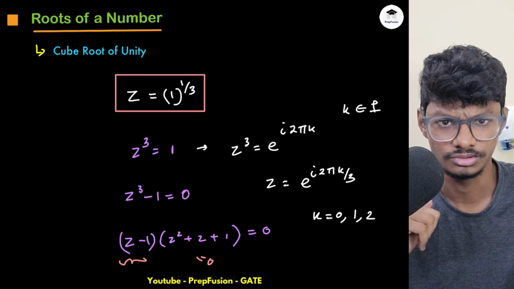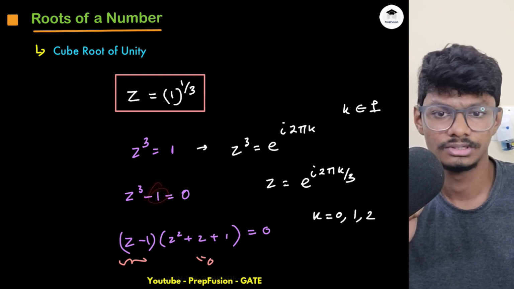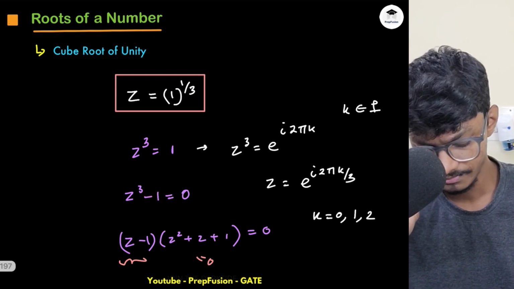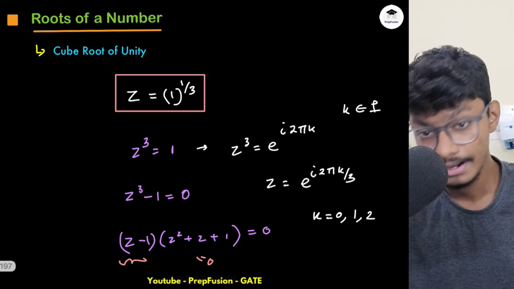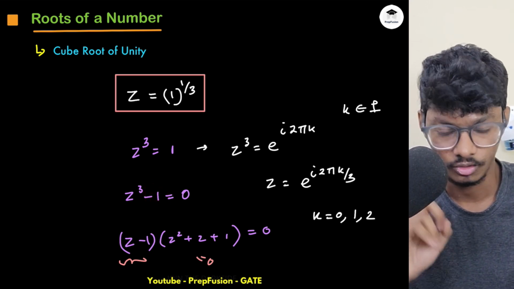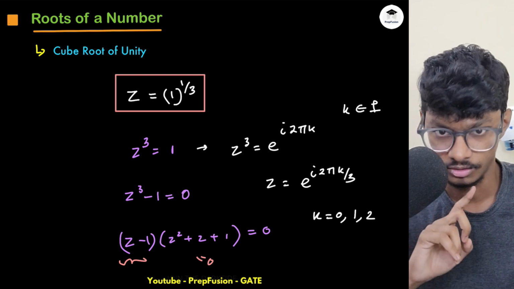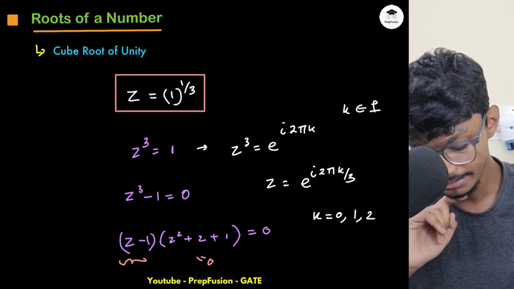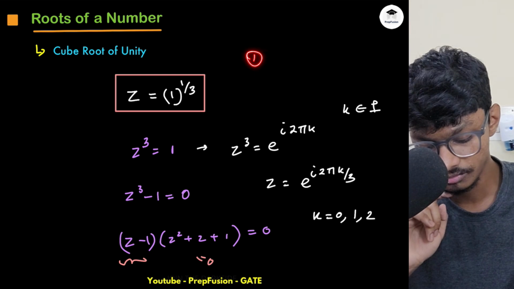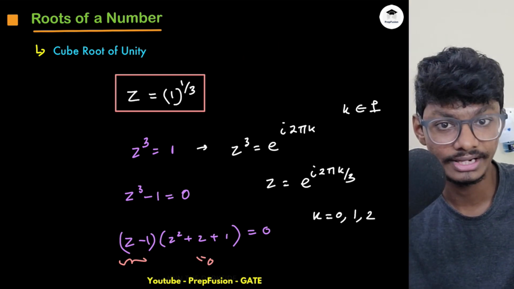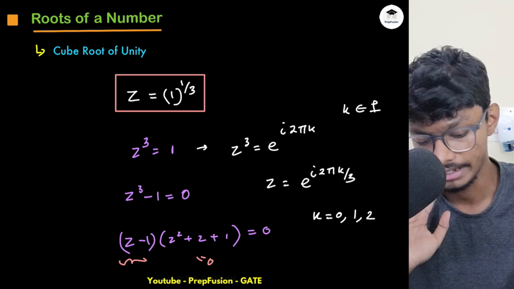In a cubic equation also, the constant term represents what? The constant term represents the negative of the product of roots, and the coefficient of the term z square also represents the negative of the sum of the roots. So it goes something like this.